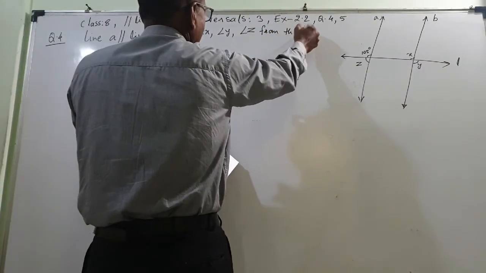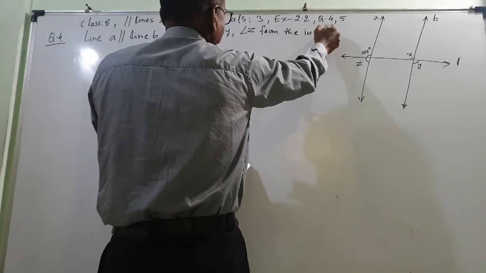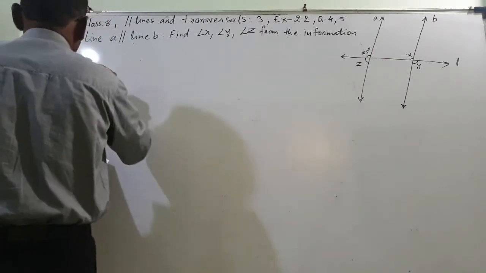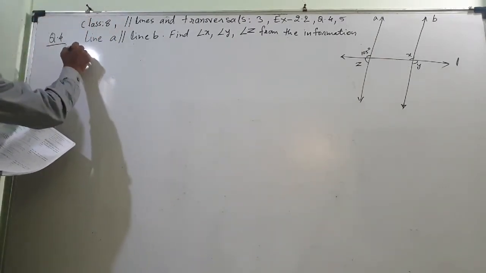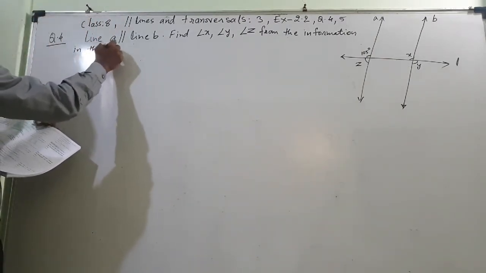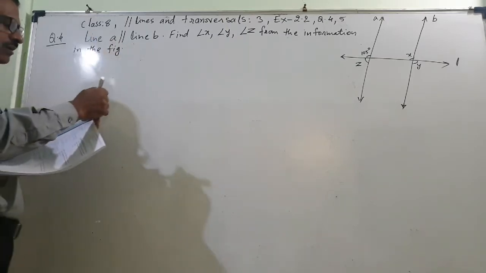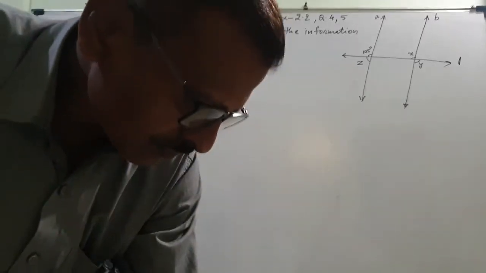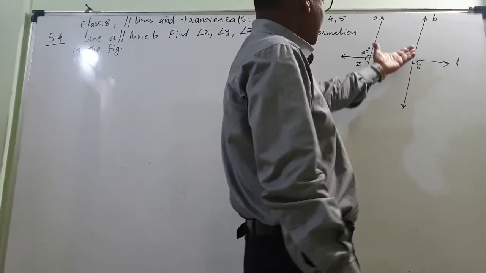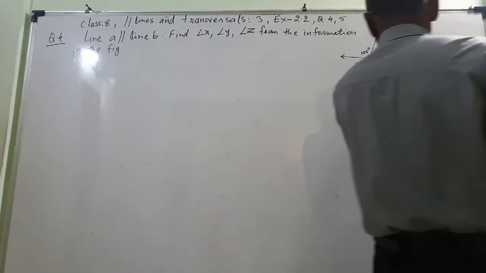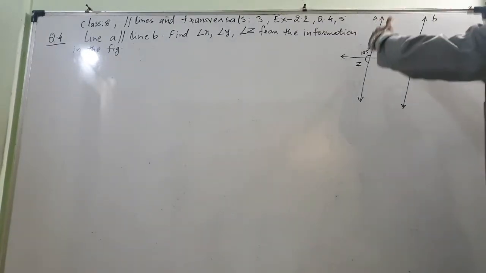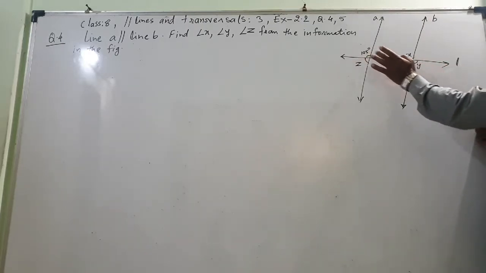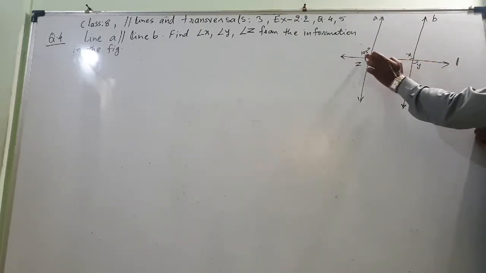Given in the figure. So how to do this? We know that line L is the transversal, line A parallel line B. Now see this angle and this angle, they are at the same position.